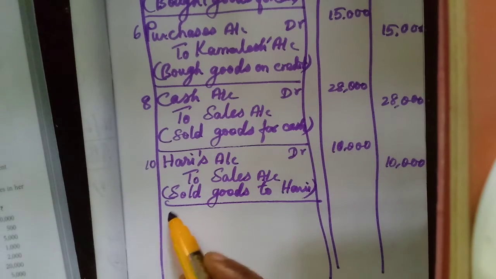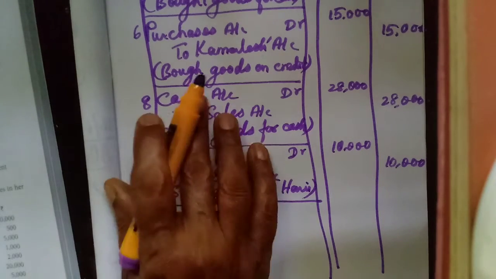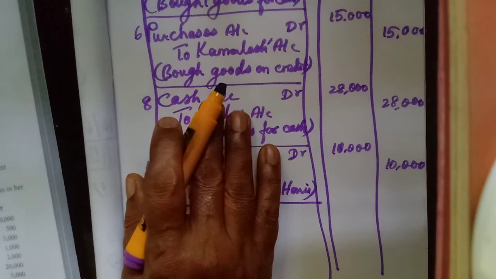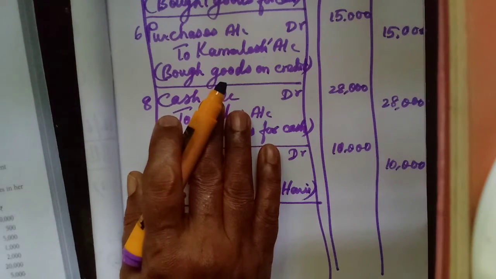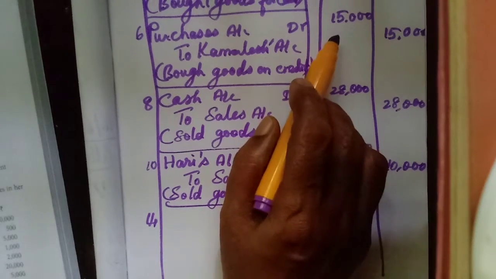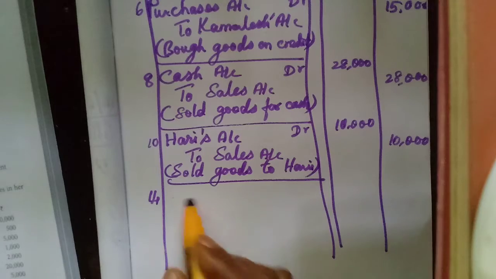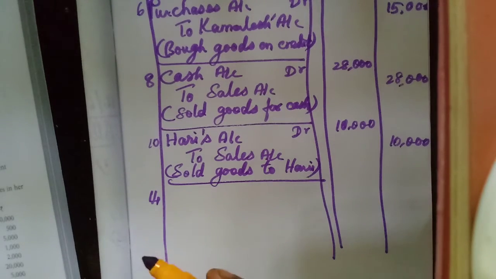Okay, next date 14. Paid Kamalesh. We have paid Kamalesh 12,000 only. Already 15,000 we need to pay, but we are paying only 12,000. So here Kamalesh is the receiver.